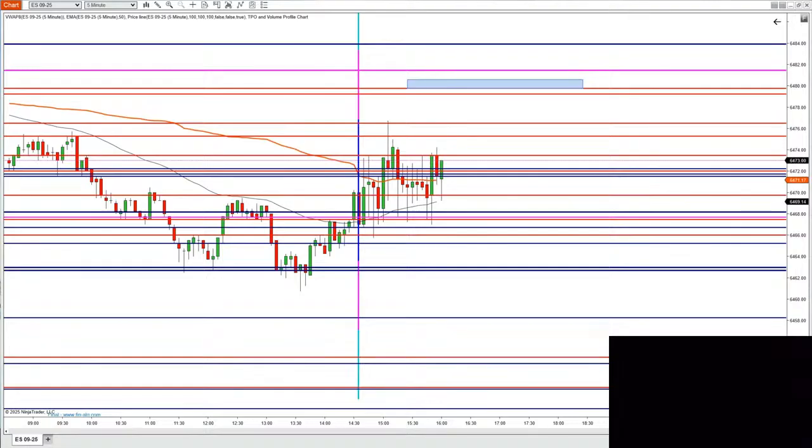We go long again. Stop loss is below this, 69.25 again.